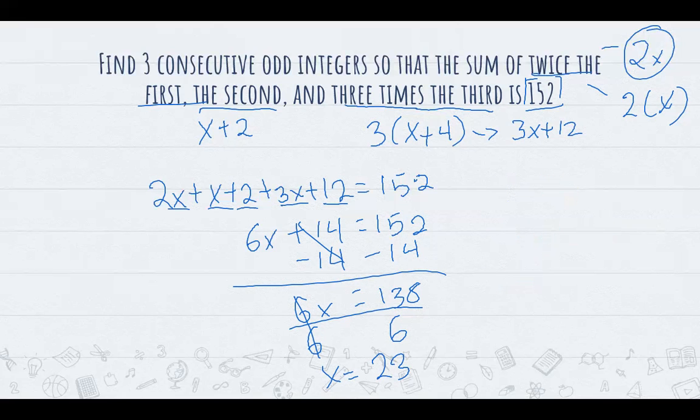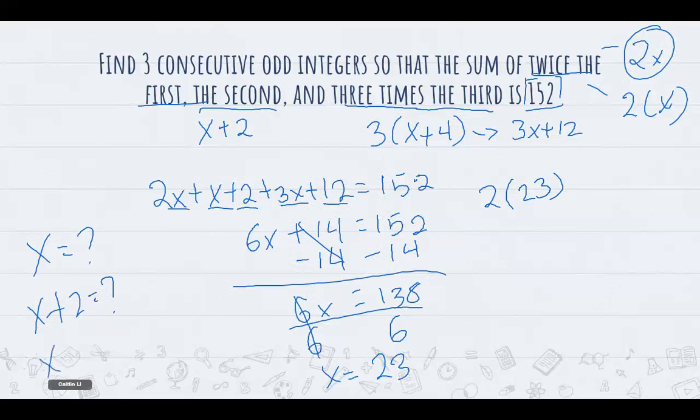It would not go by that. It would be 2x, but we replace our x with 23. So we don't go by x equals whatever, and then x plus 2 equals whatever, x plus 4 equals whatever. We just go by the ones that our problem tells us to, except for the second, because it just says the second, it doesn't have anything that changes.